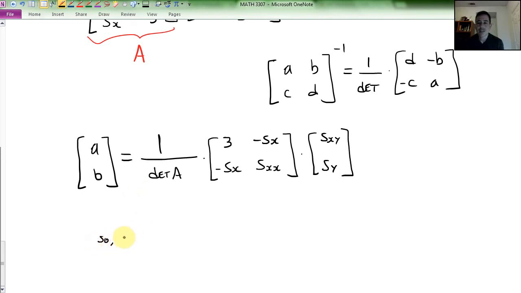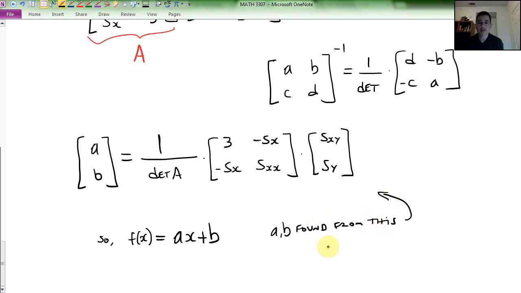So f, the function that we wanted, would be ax plus b, right? A and B found from this.